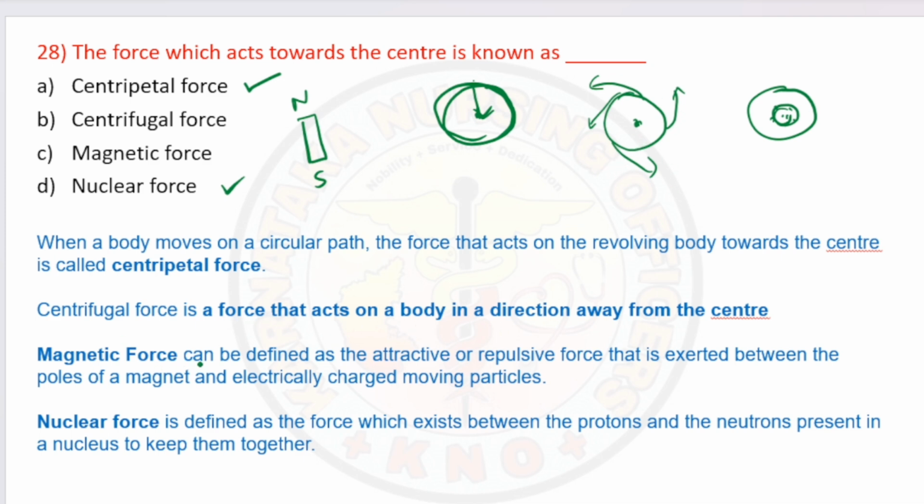Magnetic force can be defined as the attractive or repulsive force that is exerted between the two poles of a magnet and electrically charged moving particles. And nuclear force is defined as the force which exists between the protons and neutrons present in the nucleus to keep them bound together.